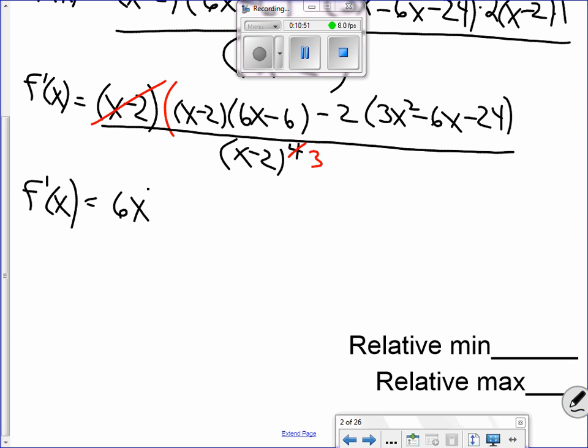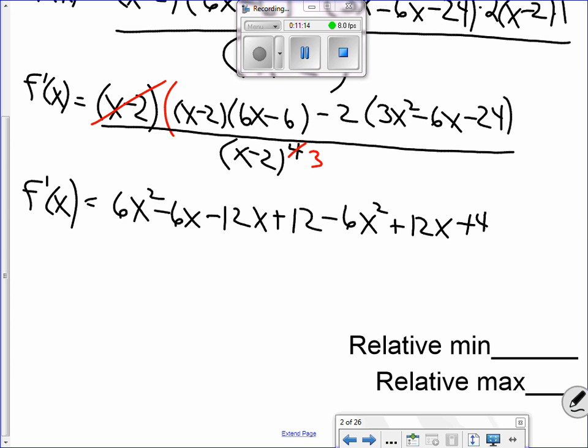So 6x squared minus 6x minus 12x plus 12. So I distributed the x first, and then the minus 2. The order doesn't matter. Then we'll distribute the negative 2, and we have minus 6x squared plus 12x plus 48. All over x minus 2 cubed now.